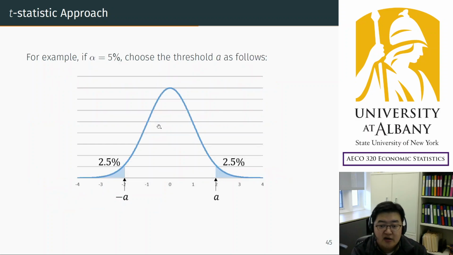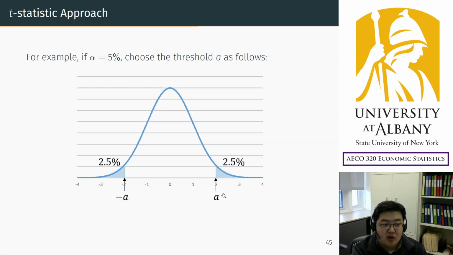Graphically, you can understand it this way. If you choose significance level alpha of 5%, that means you are willing to reject 5%. That means you're rejecting 2.5% from the top and the other 2.5% from the bottom. So you have to choose A so that this area is 2.5%.